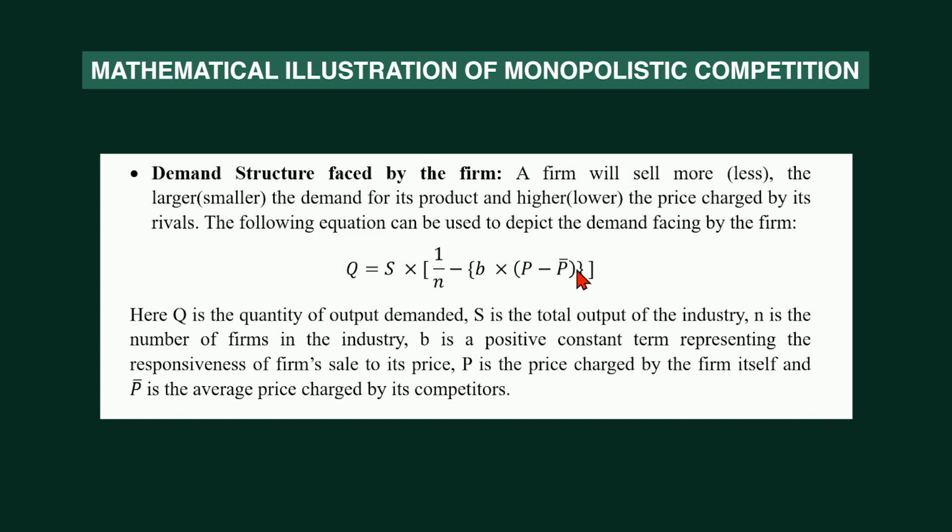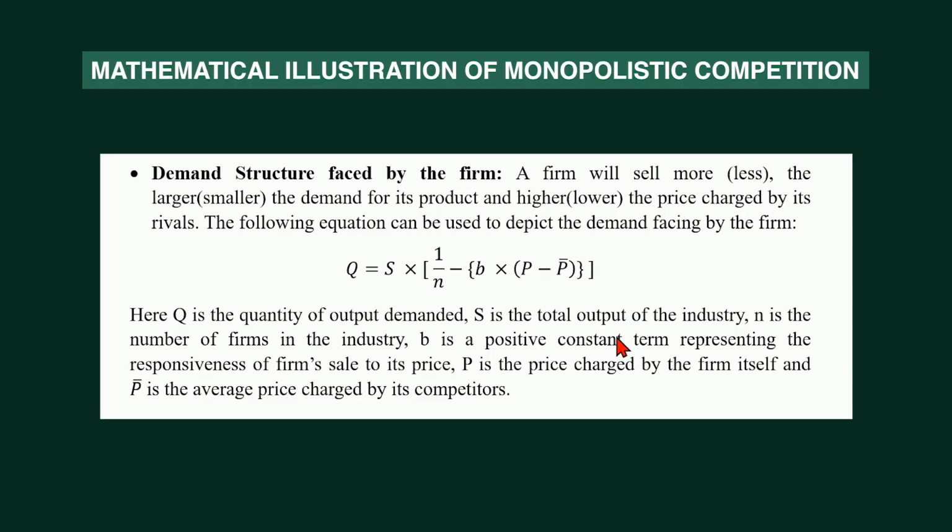This means P minus P bar is high. So B into P minus P bar is high, and I have a negative sign here. So P bar is low means this is high. I'm again reiterating: P minus P bar is high means B into this is high. If B into this is high, then 1 by N minus this thing, this subtracting part, is high, meaning this value would be low.